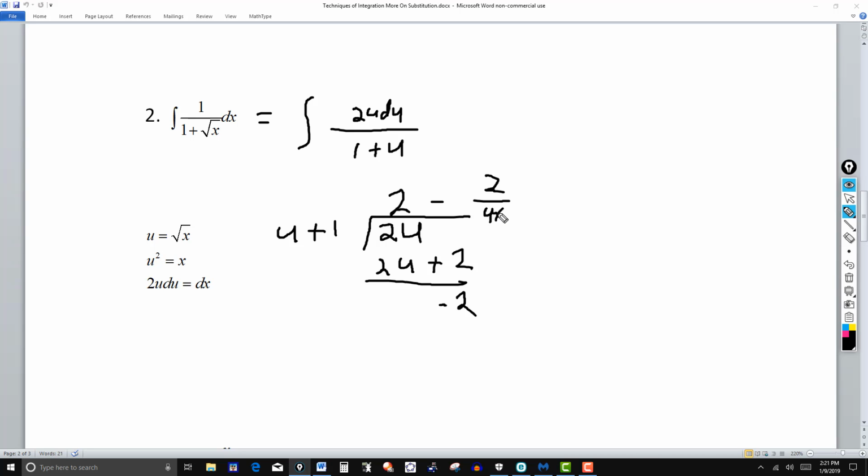So then this can be written as, replacing the 2u over 1 plus u by what I got here, this will just be 2 minus 2 over u plus 1 du.